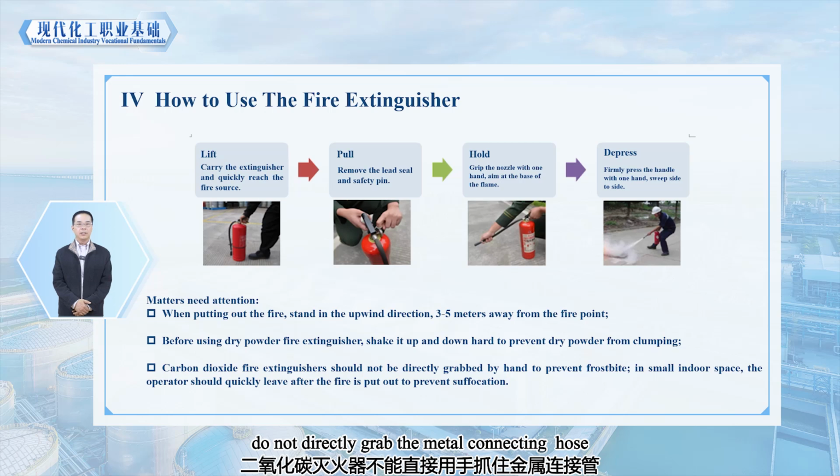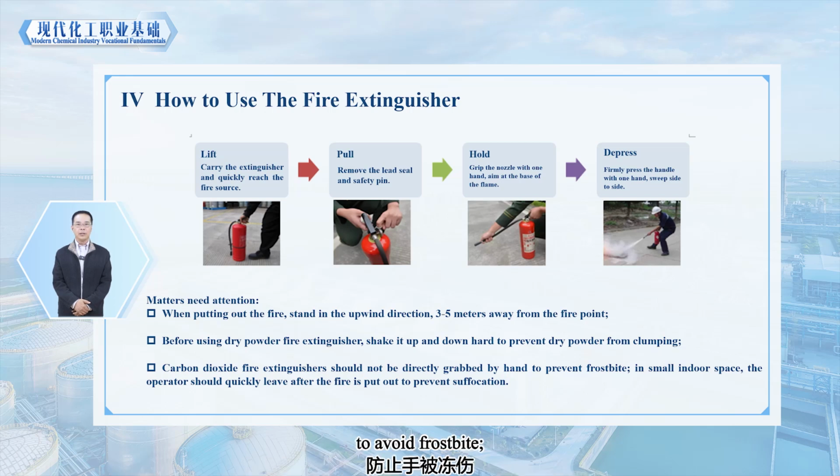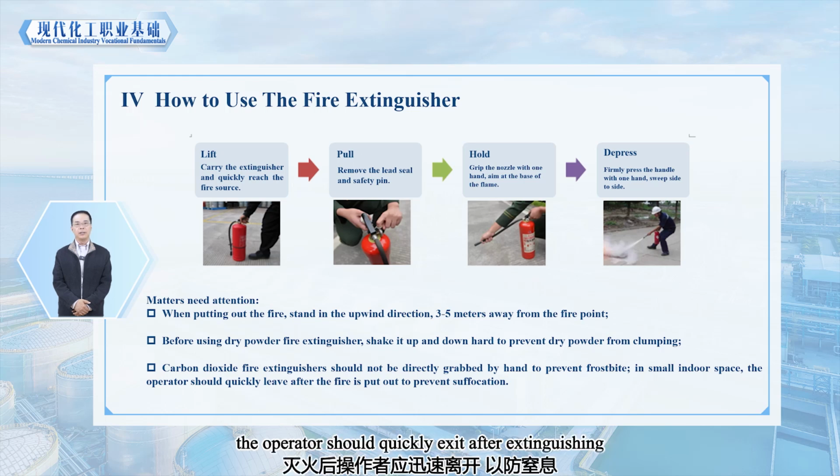Do not directly grab the metal connecting hose of a carbon dioxide extinguisher to avoid frostbite, and if used in a confined indoor space, the operator should quickly exit after extinguishing the fire to prevent suffocation.